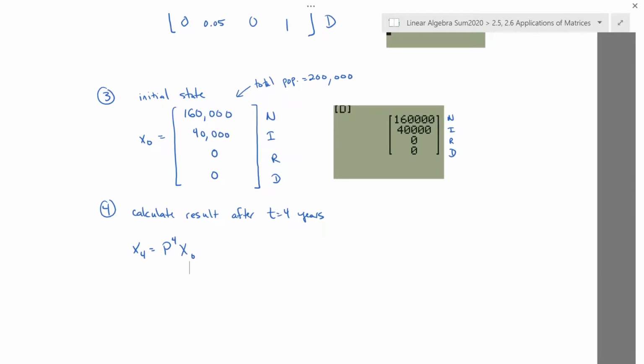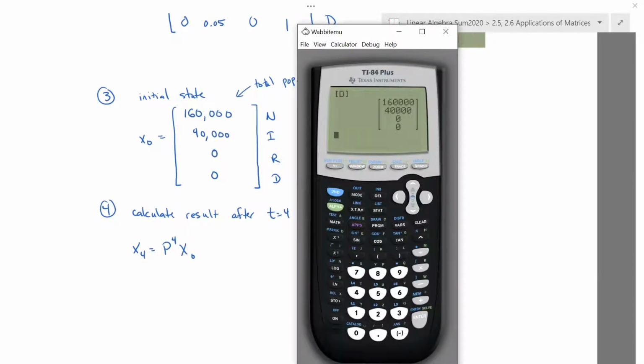So I can just calculate it quickly in the calculator, right? So C is my transition matrix. So I can just raise this to the 4th power, and then I multiply by my state vector, which was D, and this will be the result.